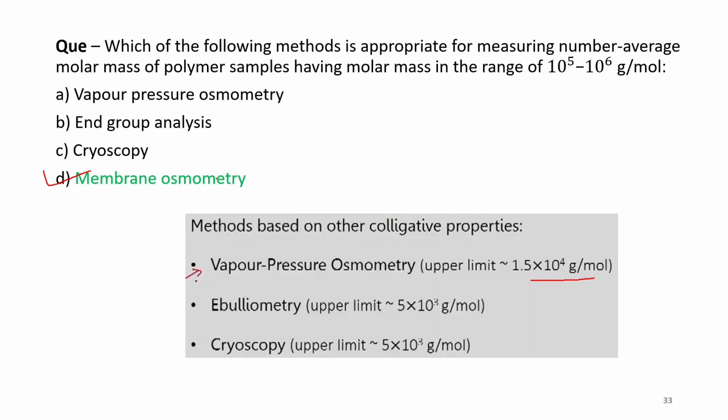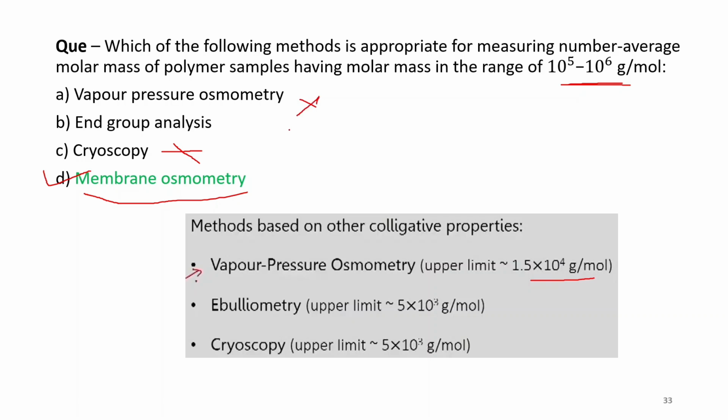So in this 10^5 to 10^6 range, which is a very high molecular weight, only membrane osmometry will work. Cryoscopy cannot work here because its upper limit is very low, and vapor pressure osmometry also cannot work.